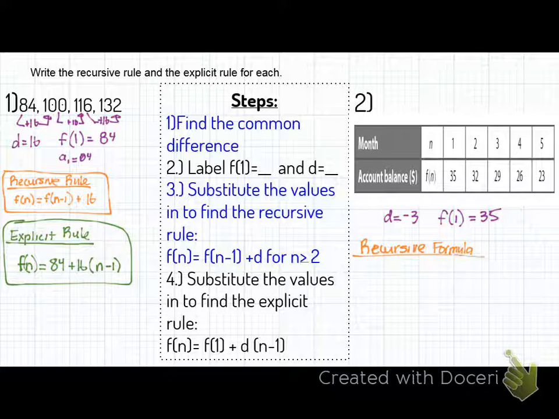Putting in the recursive formula, we got f of n, we're here on step 3. f of n is equal to f of n minus 1 plus our difference. And our difference is negative 3. So when I'm adding a negative 3, I'm really subtracting 3, so I'm just going to rewrite this as minus 3. And that's it for the recursive formula. And the explicit formula is next.